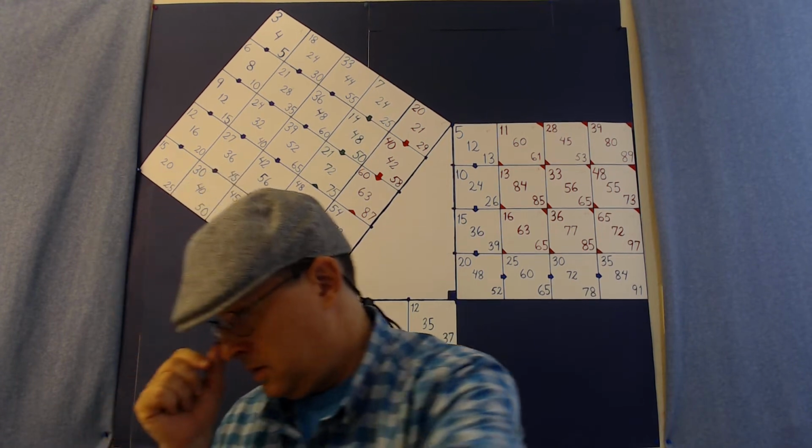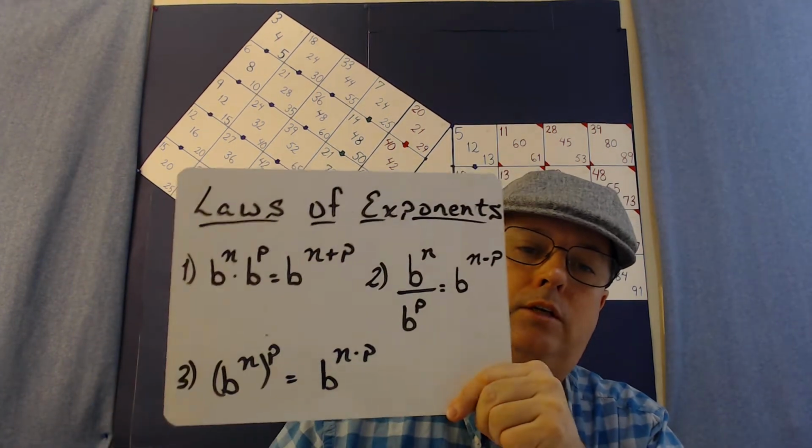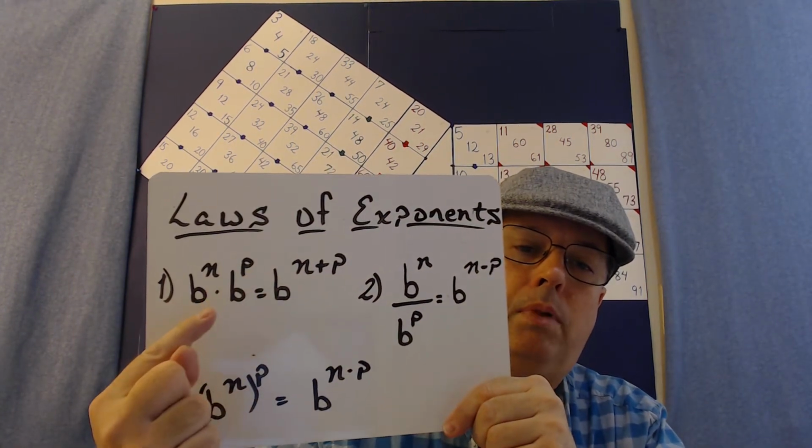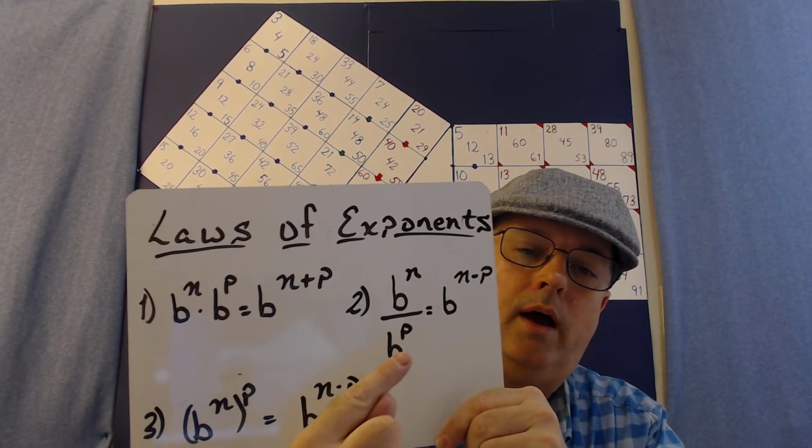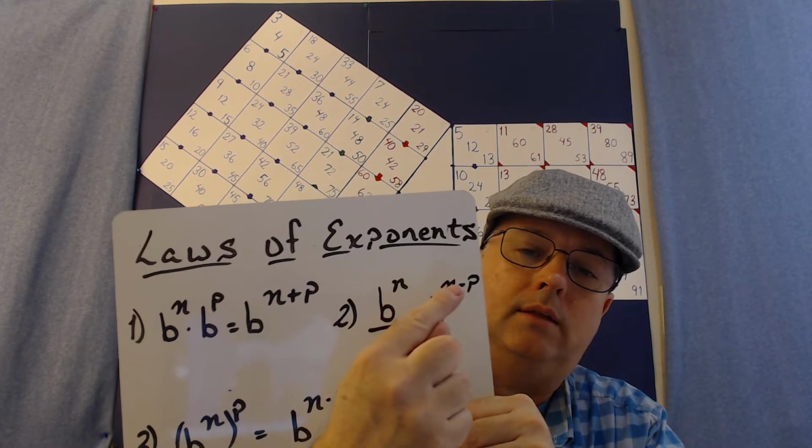Okay, and then we want to also focus on something we showed before. These are the laws of exponents: when you multiply, you add the exponents, and when you're dividing, you subtract the exponents.